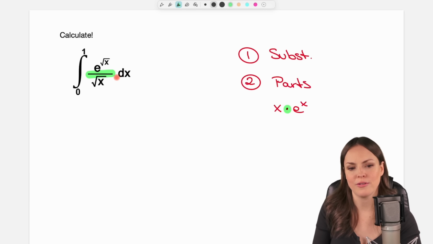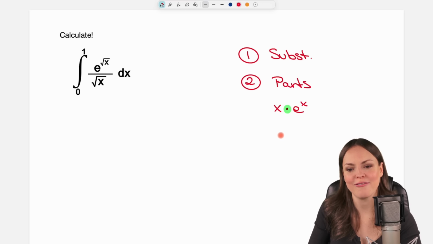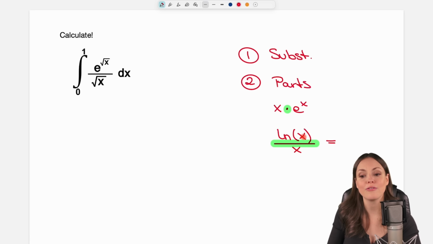No, we have this fraction here, but this doesn't mean that this method won't work, because sometimes you have functions like ln of x over x, which is a fraction, but you can write it as a product. Then you really use integration by parts to solve the integral.